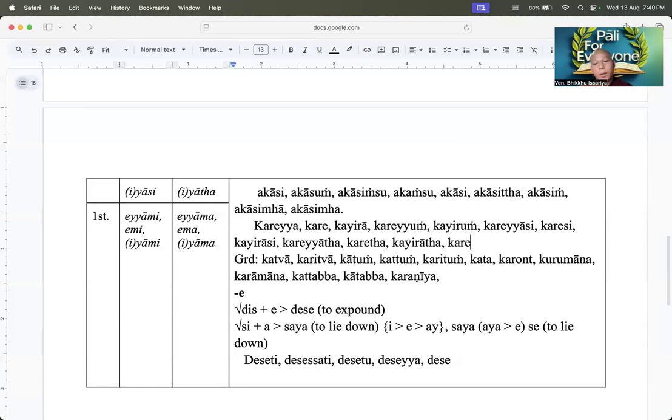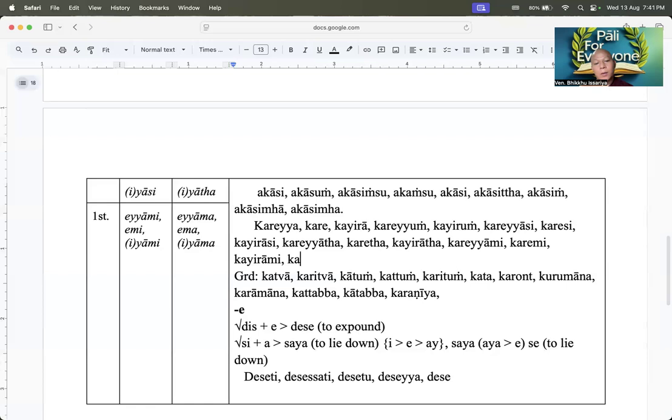and then Gariyami, Garimi, then Gayirami. So Gariyama, Garima, and then so Gayirama.